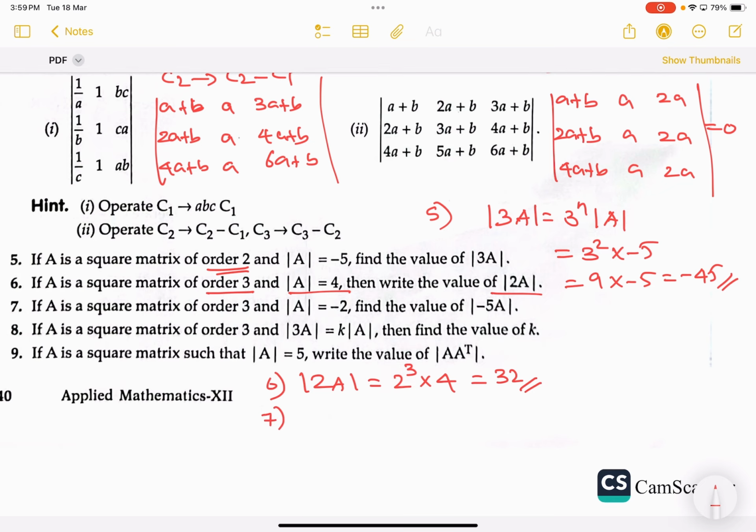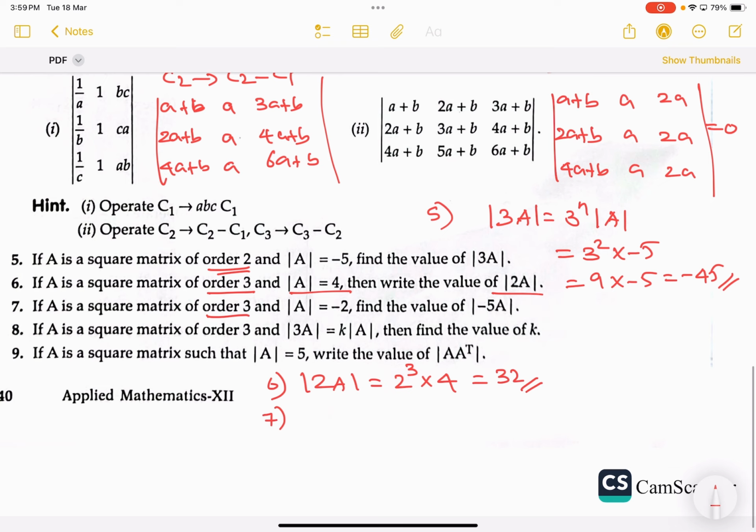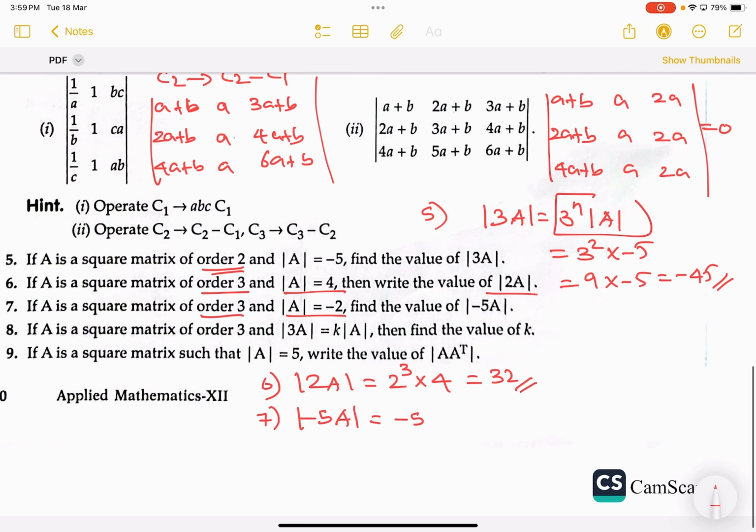Question number 7. Order 3, determinant of A is minus 2. What is the determinant of minus 5A? The determinant of minus 5A is equal to minus 5 to the power 3, using this formula, into minus 2.